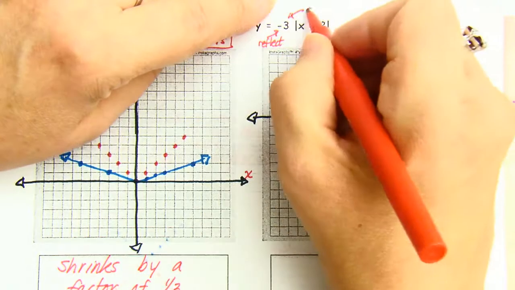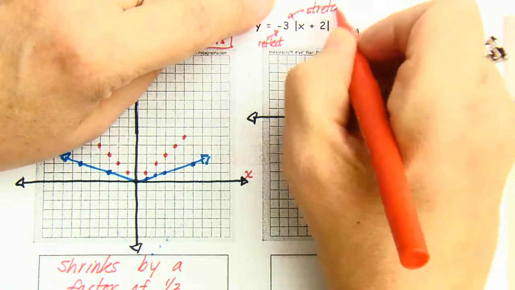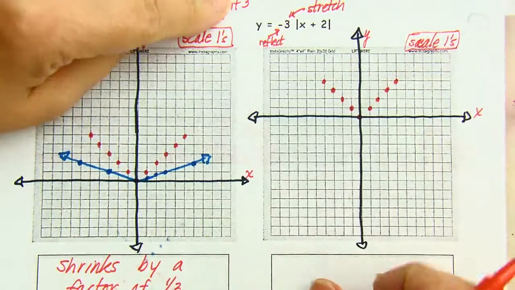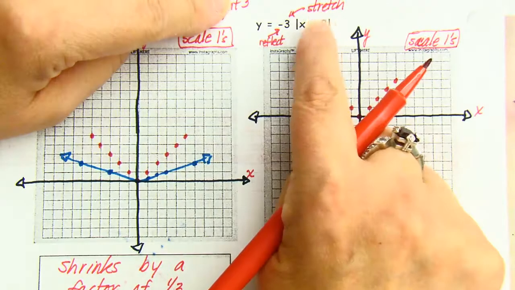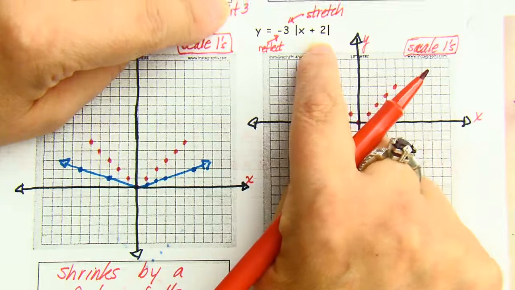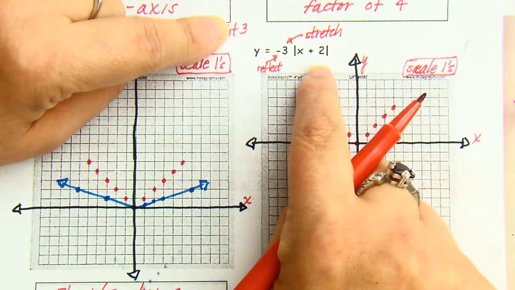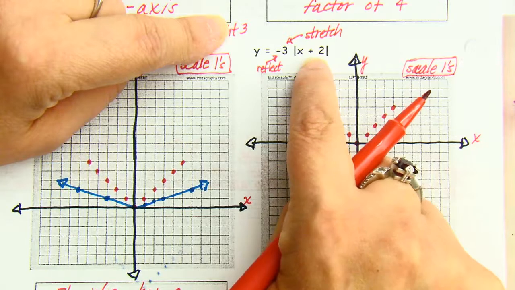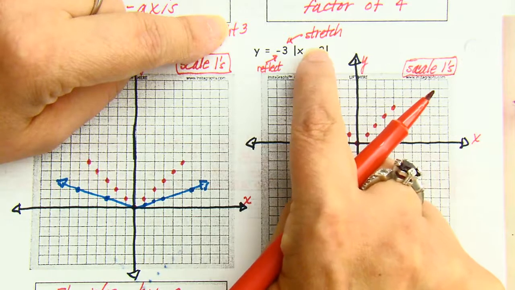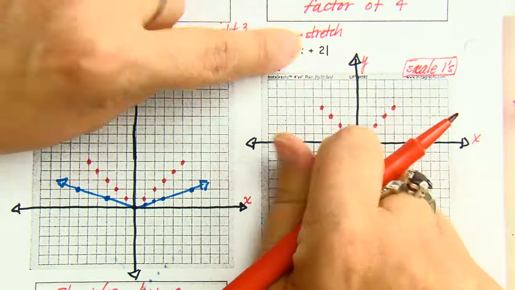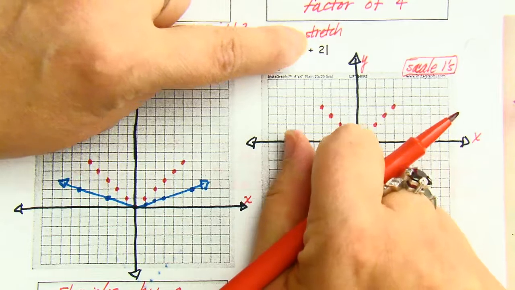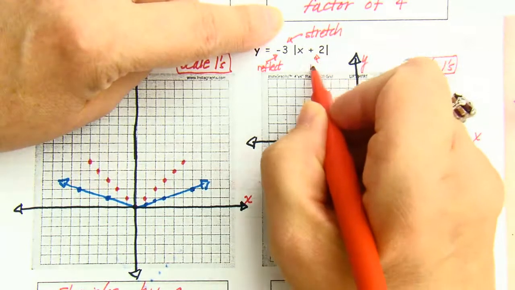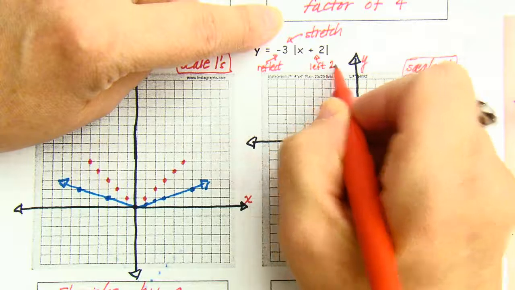This is my stretch. And when you stretch a graph, the arms of the graph are going to come closer together. And this part right here, if you remember from the last lesson, I'm moving that somewhere. Now, inside with x, move on x in the direction opposite the sign. So I'm not moving it to the right. I'm actually moving this to the left. So this means left 2 units.